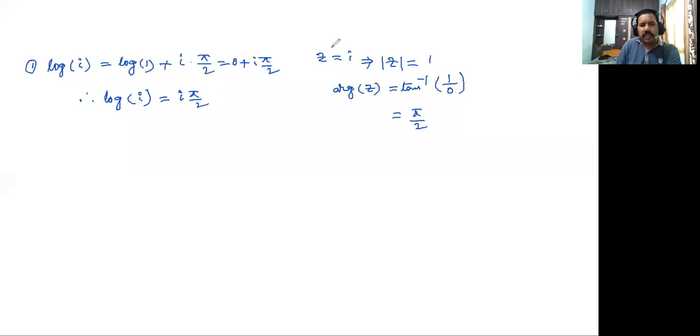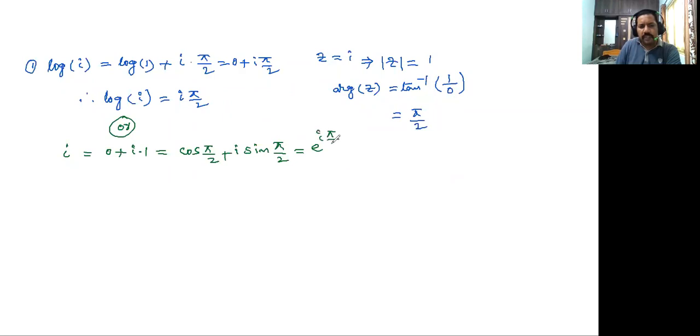This is one method. If you want another method, listen. i, this is a complex number. So we can write 0 plus i into 1. Convert into polar form. Cos 90 is 0 plus i sin 90 is 1. Okay. This we can write e power i pi by 2, or not?